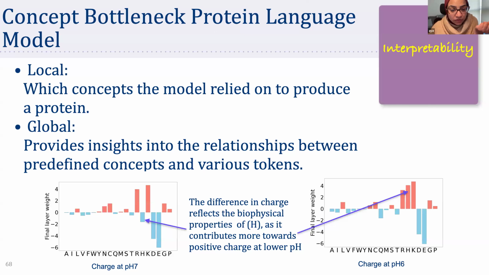They only differ in amino acid H, which is exactly how biology is. It is more positive when it is in a lower pH and negative when it is in a higher pH. That's what the model learned.